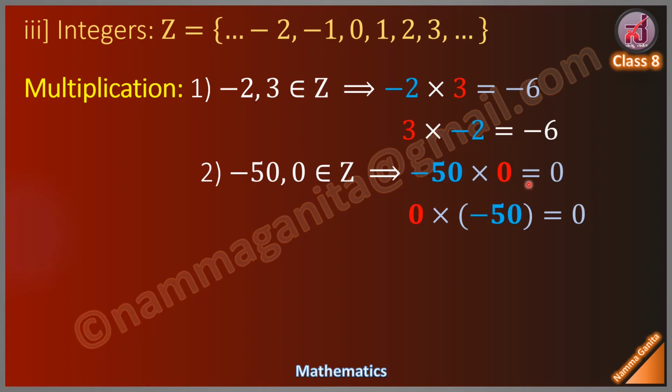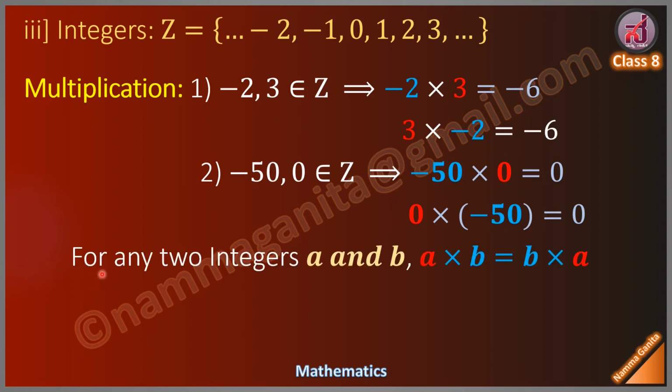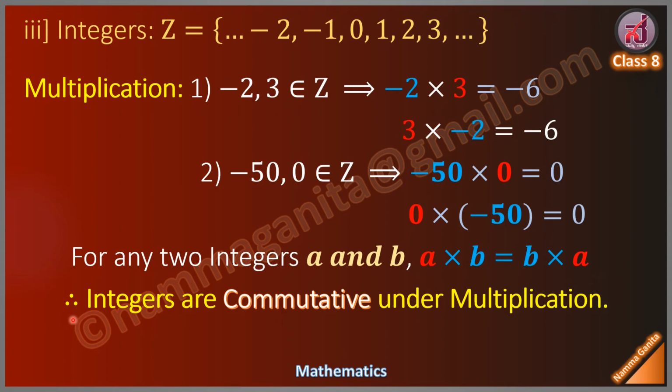Therefore, minus 50 into 0 is same as 0 into minus 50. For any two integers a and b, a into b equal to b into a. Therefore, integers are commutative under multiplication.